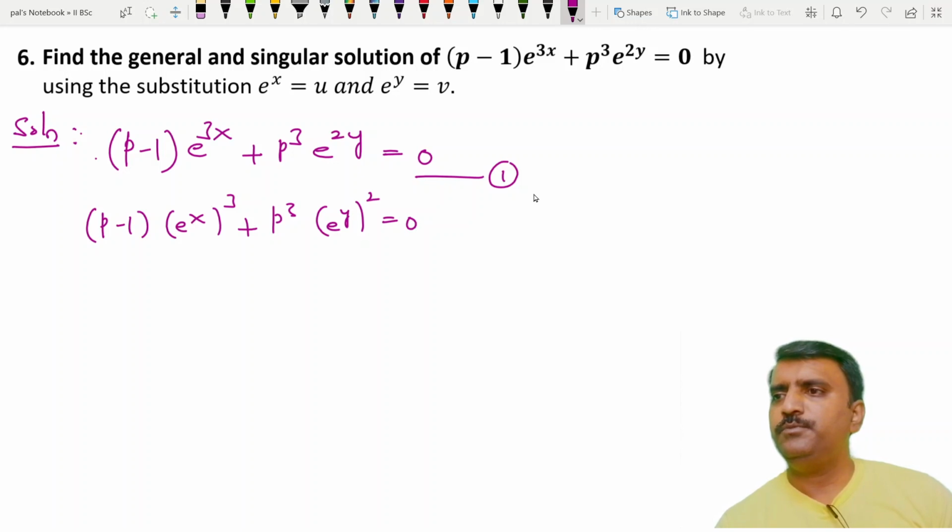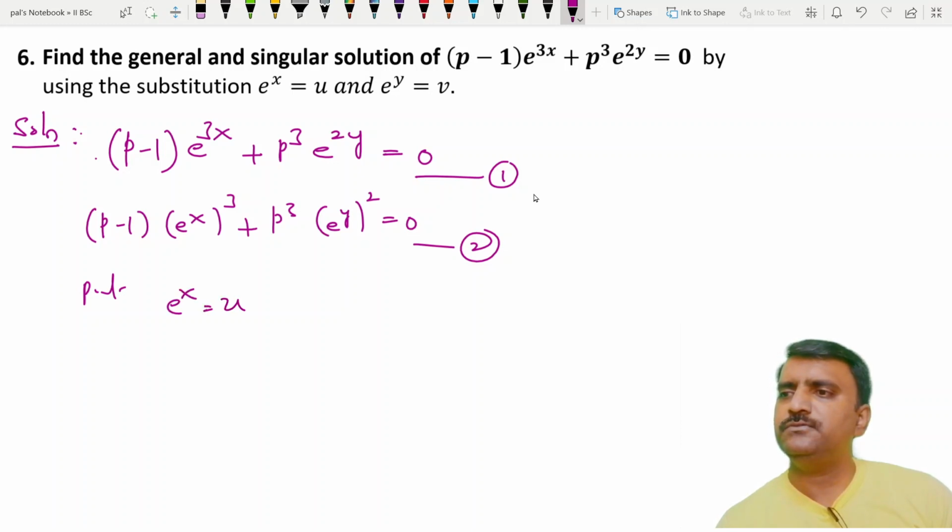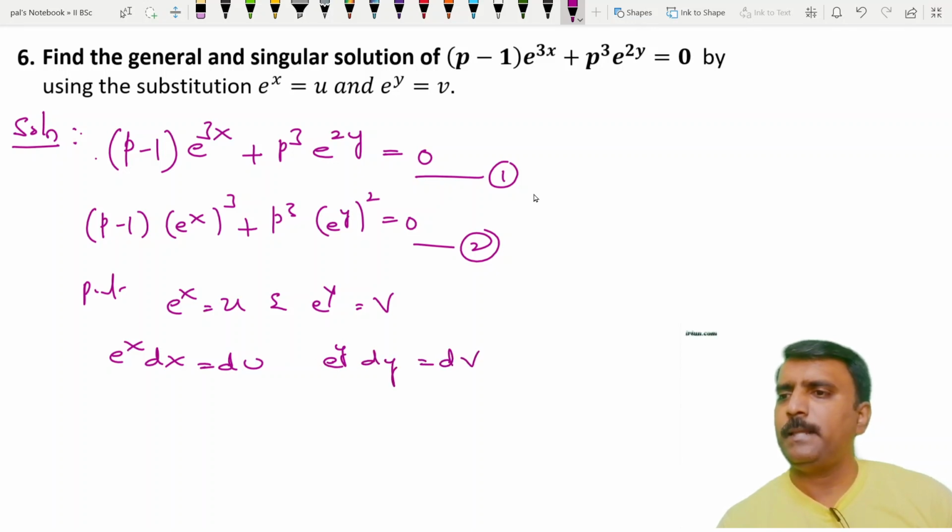Now put e to the x is equal to u and e to the y is equal to v. So take its differentiation: e to the x dx is equal to du and e to the y dy is equal to dv.